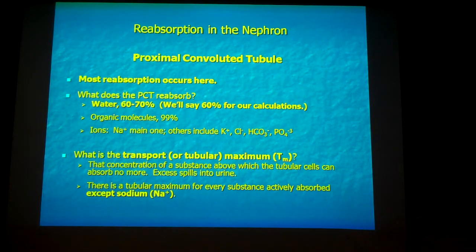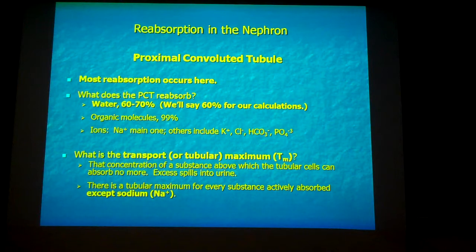Proximal convoluted tubule. Notice, most of the reabsorption occurs here. And just what do we reabsorb here? Notice, most of the water, 60 to 70%. Now, as we go through the tubular system and the collecting duct, we're going to keep a running total of how much water is reabsorbed where.